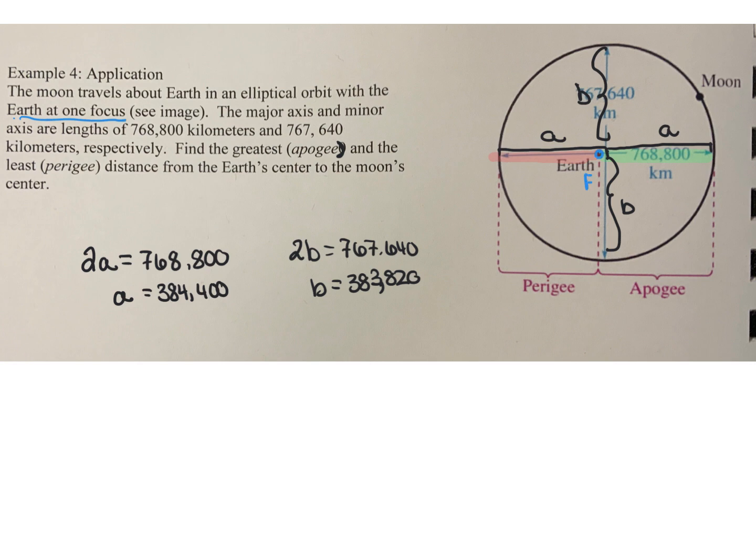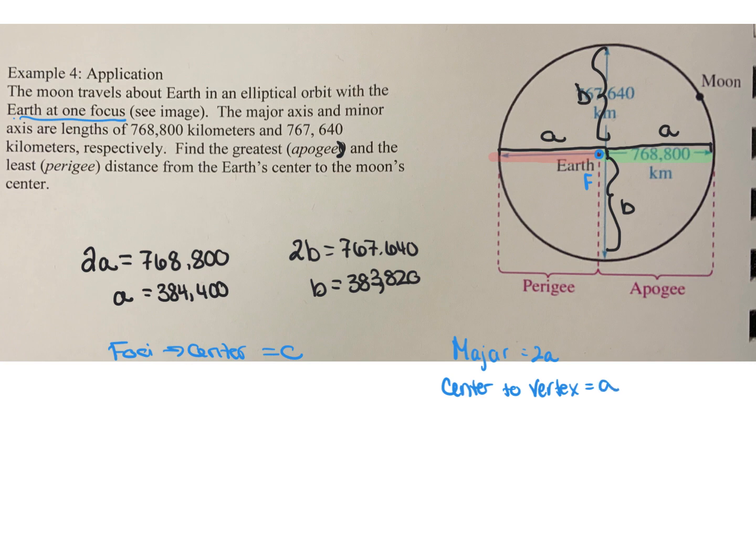So we know that the focus, or foci, to the center is called c's value. I have a major axis that's equal to 2a. Center to the vertex is equal to a.